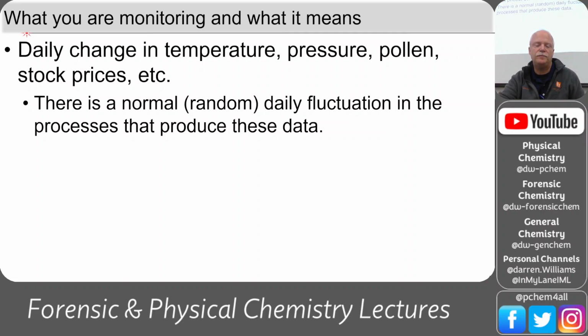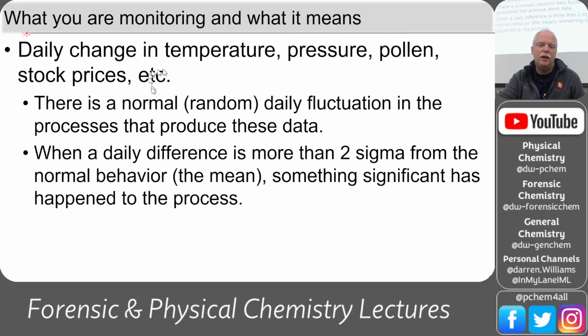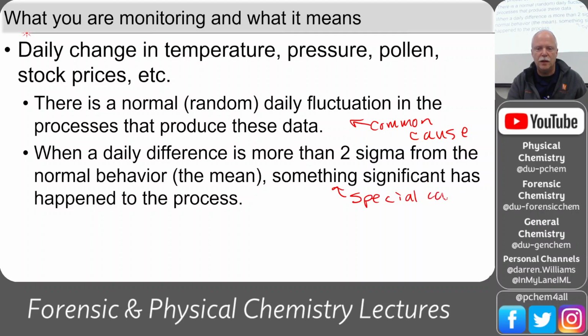Okay. So when a daily difference is more than 2 sigma, then something significant has happened. We call that a special cause. Okay. So these changes are called common cause. And this something significant, we call this a special cause. It's special.